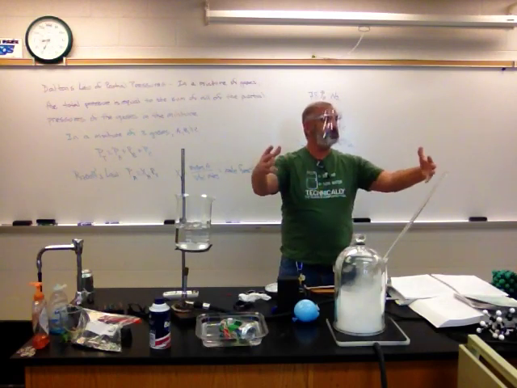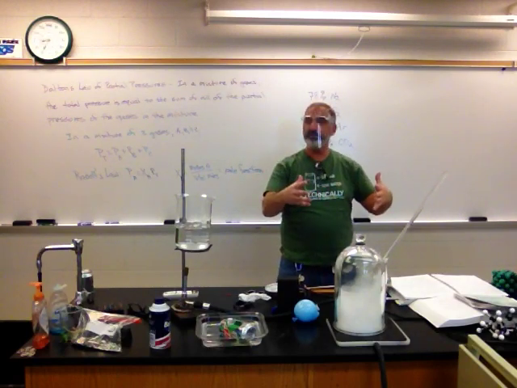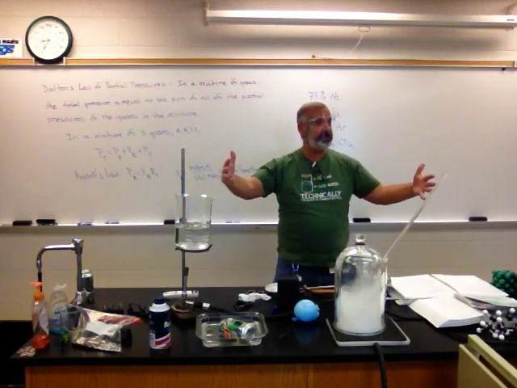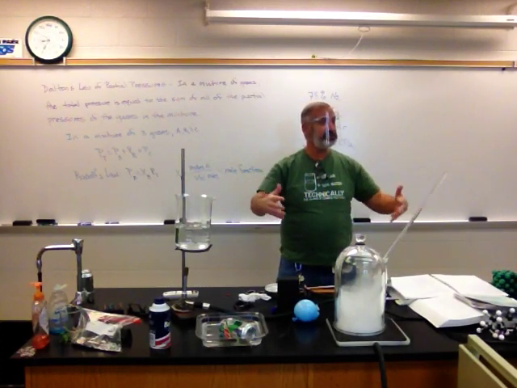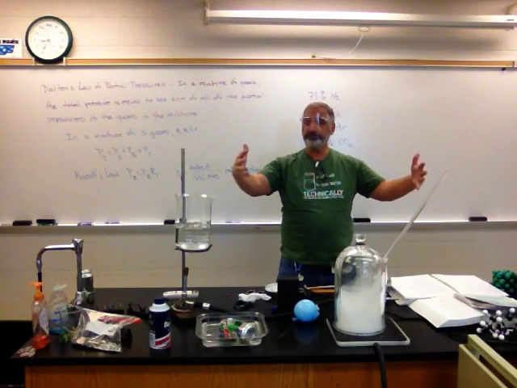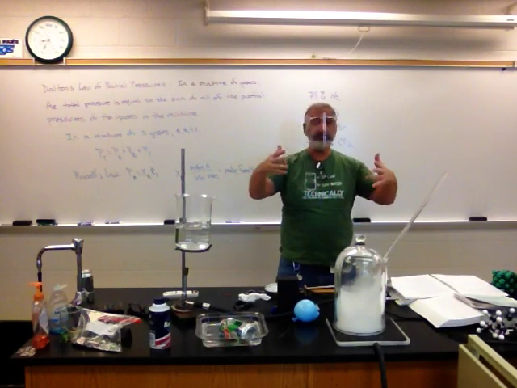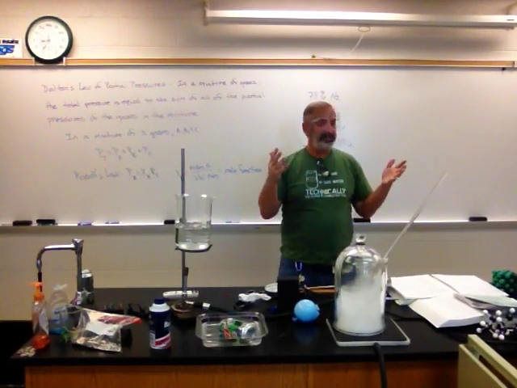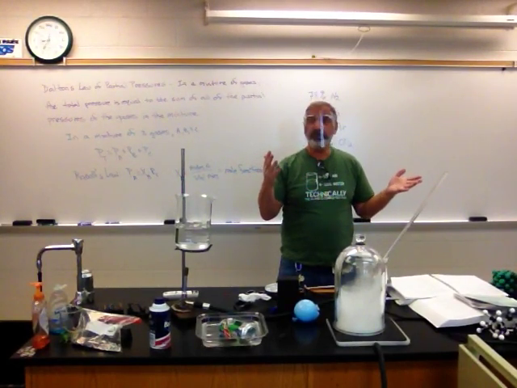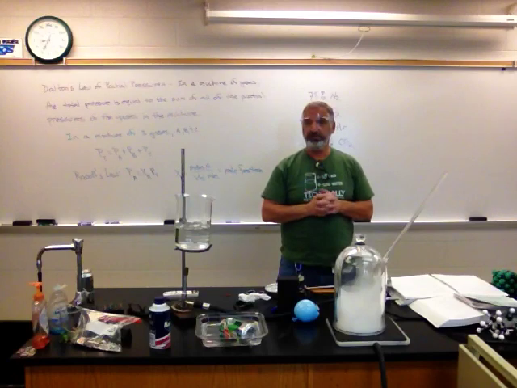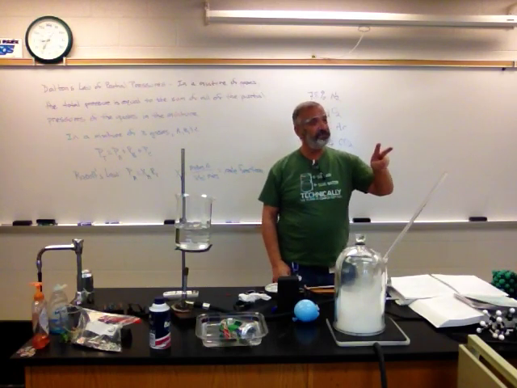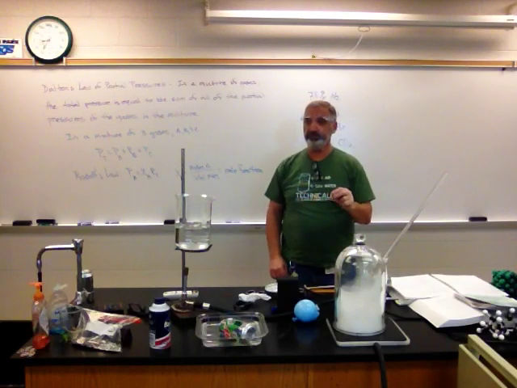So diffusion is just the natural spreading out of one substance through another due to the continuous rapid random motion of the molecules. But the smaller one's going to go faster. And then there's another term that's related to diffusion called effusion.